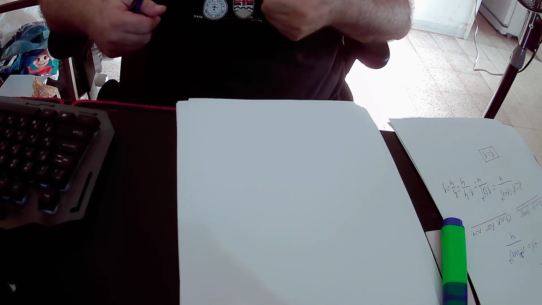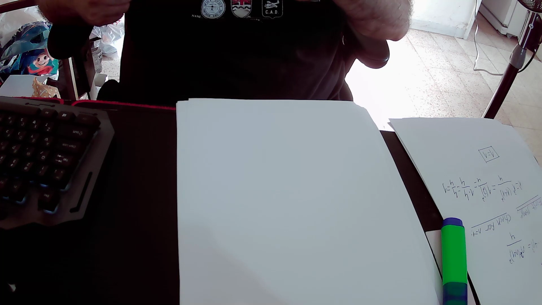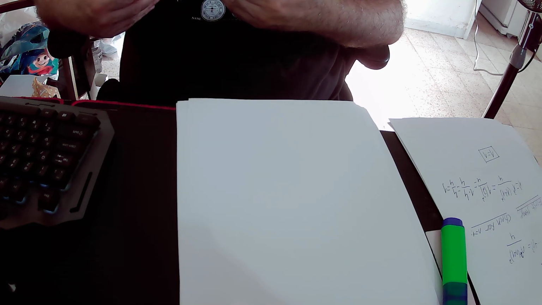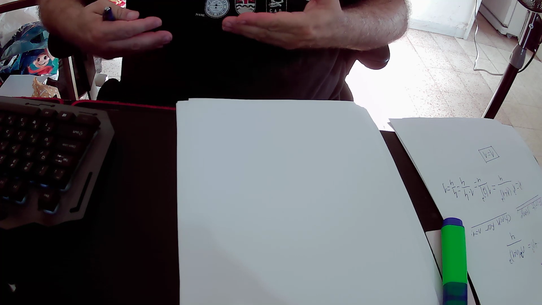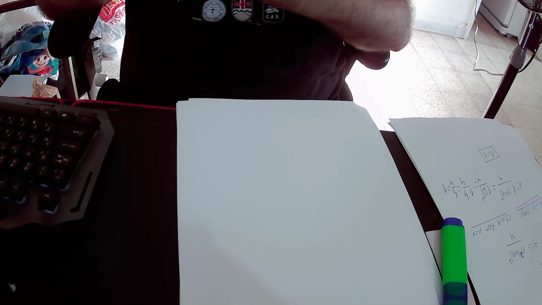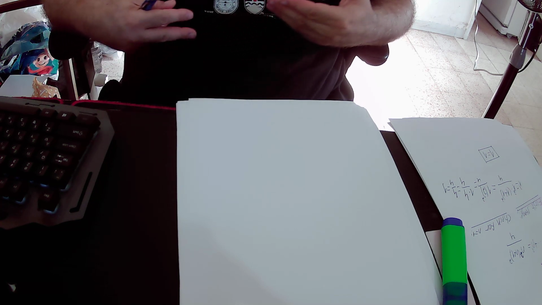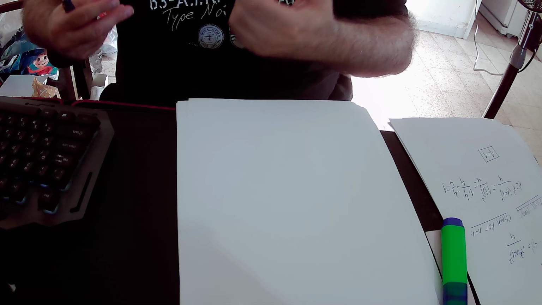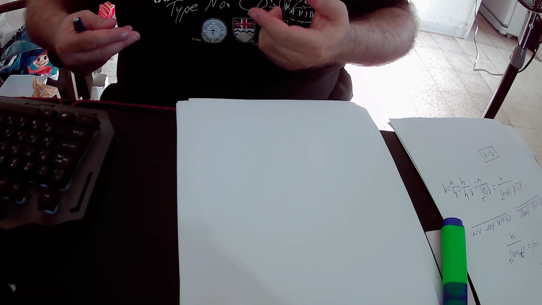So it must be true for 1 plus 1, that equals 2. And when we know that it is true for 2, we will repeat the same process in order to prove that it is also true for 2 plus 1, that is 3.